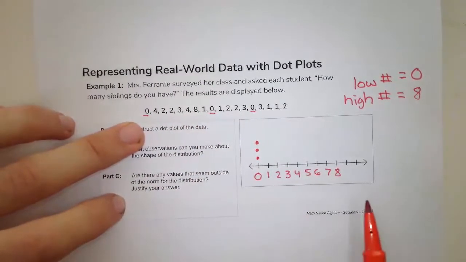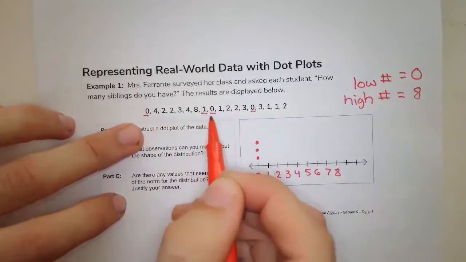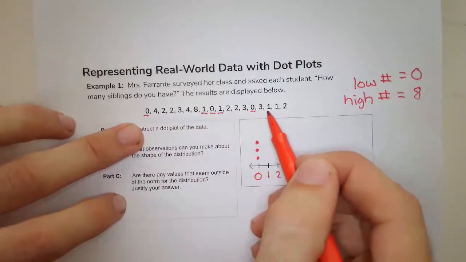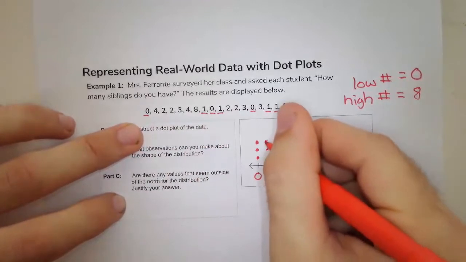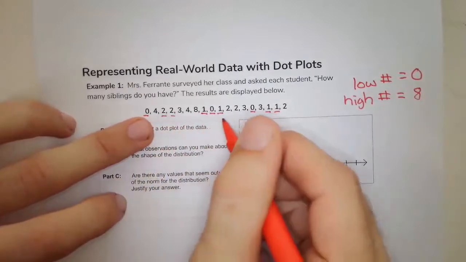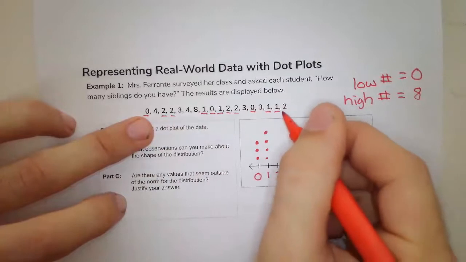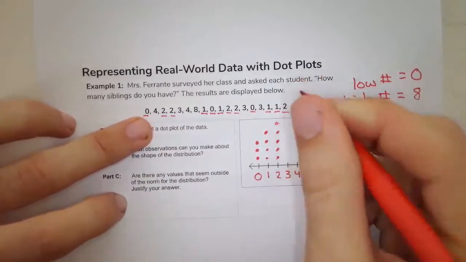It just makes it a little bit easier when you're going through each time. So here we have 1, 2, 3, 4. So 1, 2, 3, 4. For 2, we have 1, 2, 3, 4, 5. So 1, 2, 3, 4, 5.